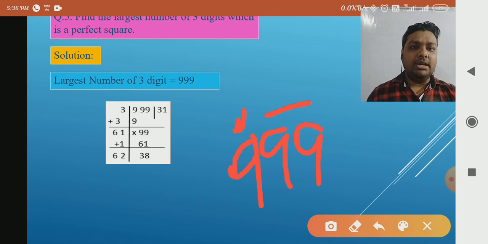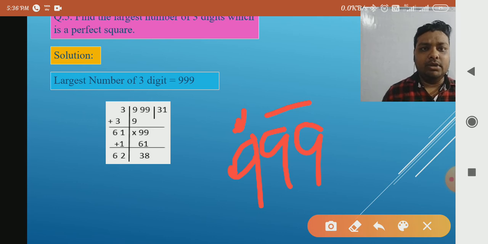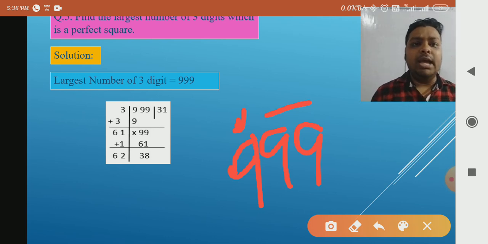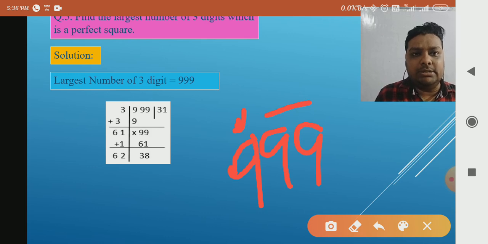So here you can see in the quotient side 3 is also written. After that, if you add 3 and 3, then you will get 6. And 9 minus 9 is 0, the cross sign you have seen.